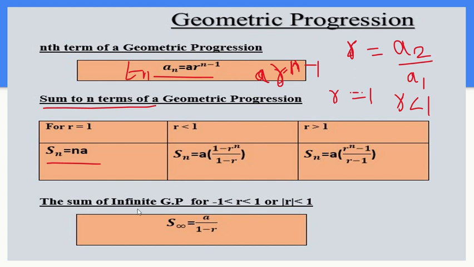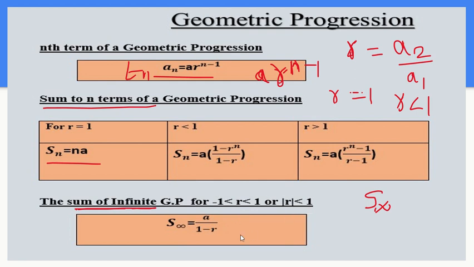They can also ask you in GP for the sum of infinite terms, S infinity. What is the formula for that? For the sum of infinity, the value of R lies between negative 1 and positive 1, so minus 1 and plus 1 are not included.